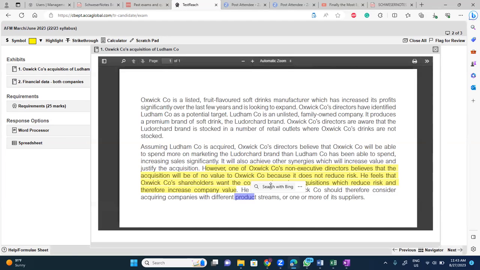Okay, let me explain. Comparative advantage will not be there. We are buying from our own supplier. If there are like 5 suppliers available, we have the advantage of negotiating the best price.